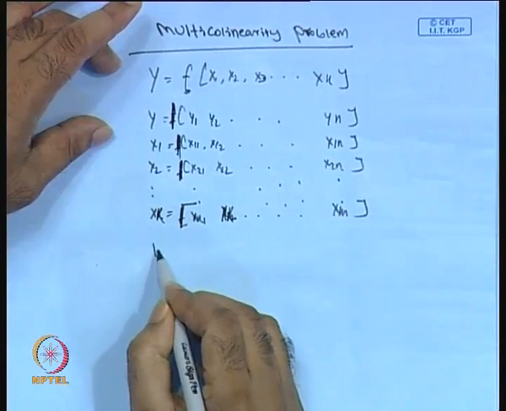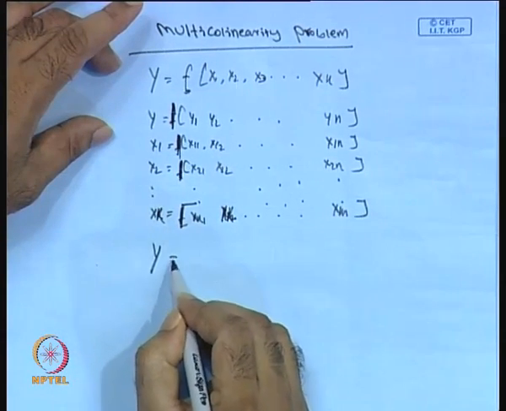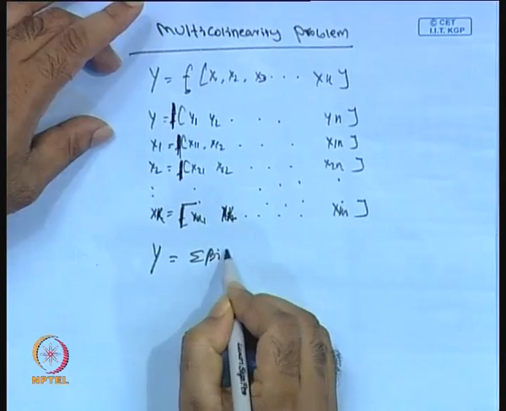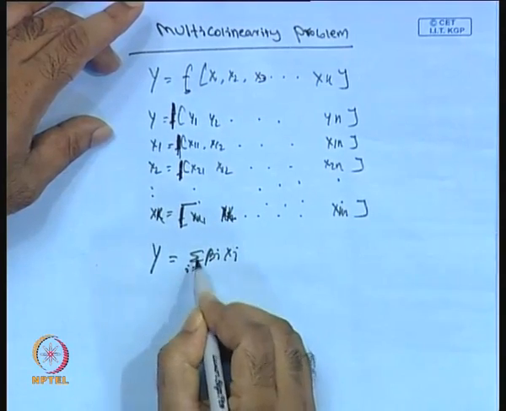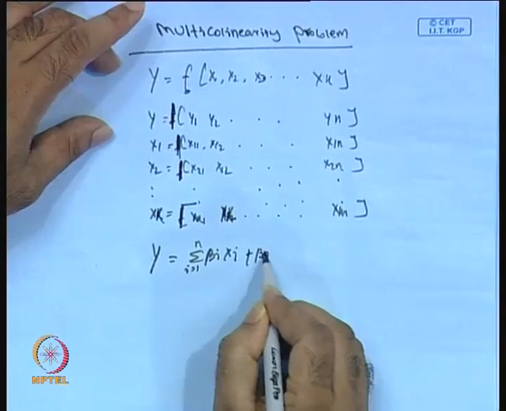Now, with this background, what is our model? We will fit a multivariate model: y equal to summation beta i xi, i equal to 1 to k, plus beta 0 plus u.